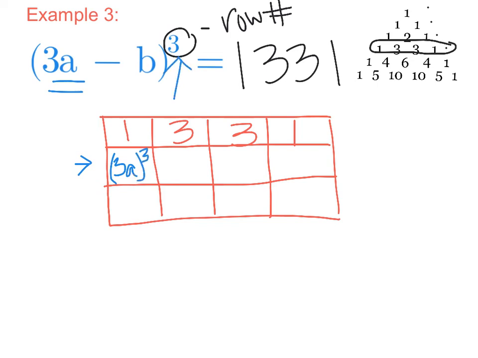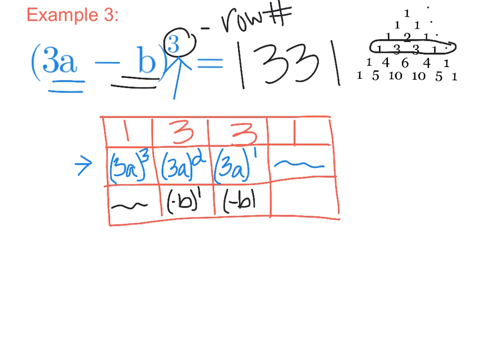So (3a) to the 3rd, then 3a squared, 3a to the 1st, and again that would be 0. And then we're going to have negative b. Skip this one because that would be 0. We're going to be increasing our exponent, so negative b to the 1st, negative b to the 2nd, and negative b to the 3rd.